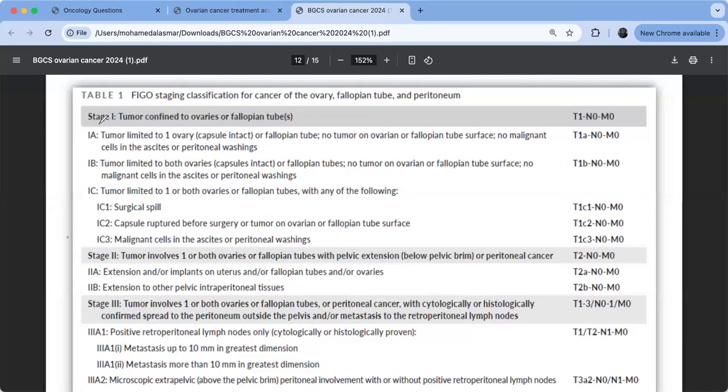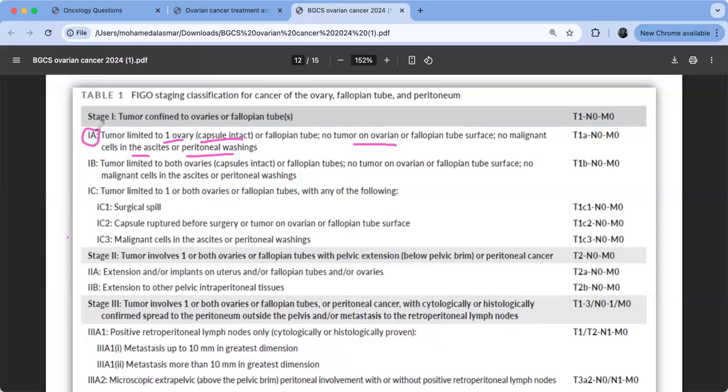For 1A, the tumor is limited to one ovary, the capsule is intact, or fallopian tube if we speak about fallopian tube tumor. No tumor on the ovarian or fallopian surface, no malignant cells in the ascites or peritoneal washing.